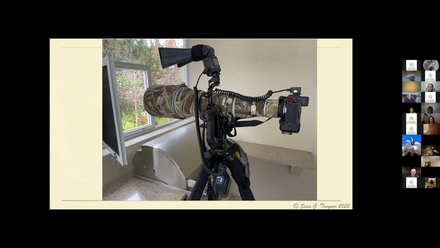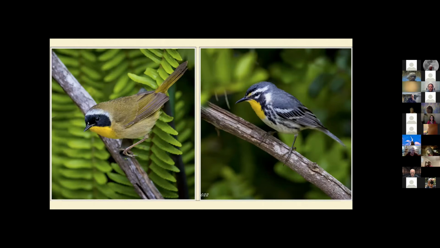So that's the kind of setup that you need to take photographs like these, which are of warblers. And you'll notice that in this case, they're basically full frame, and the subject and the background are evenly lit. So for fill-in flash, we end up with reduced power, but that gives us balanced lighting, which results in a more natural look.